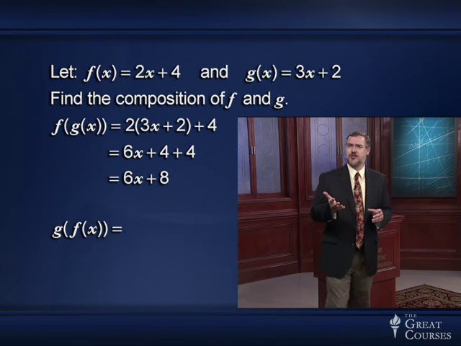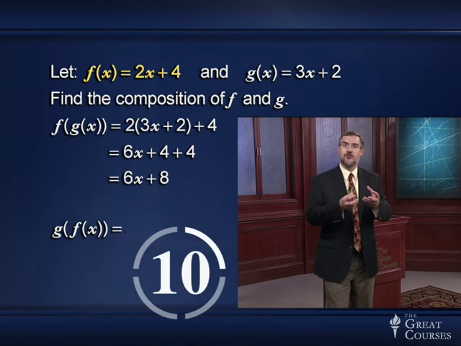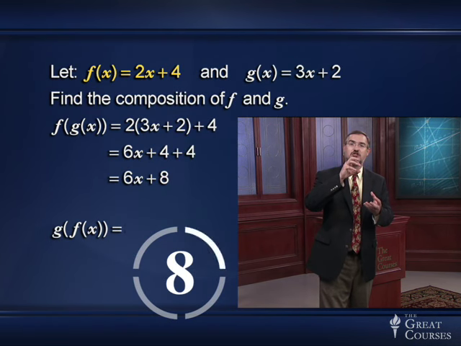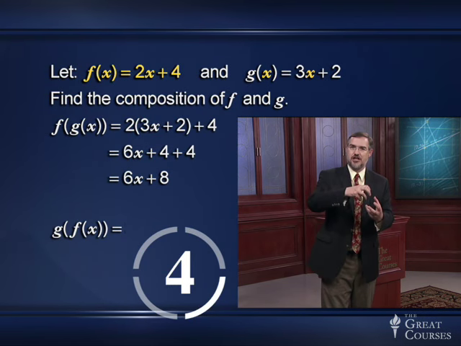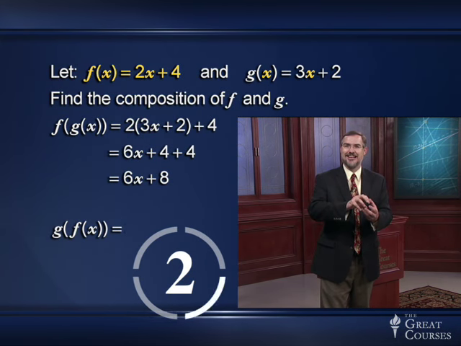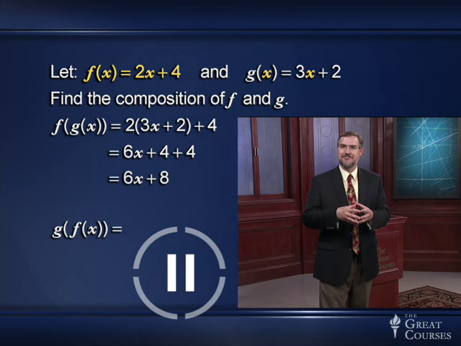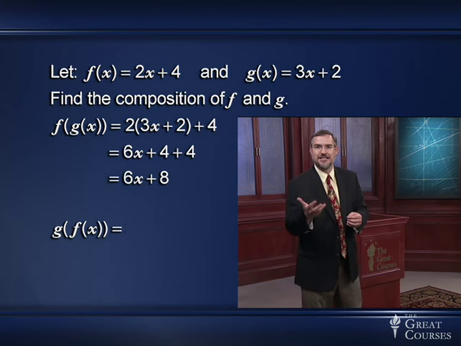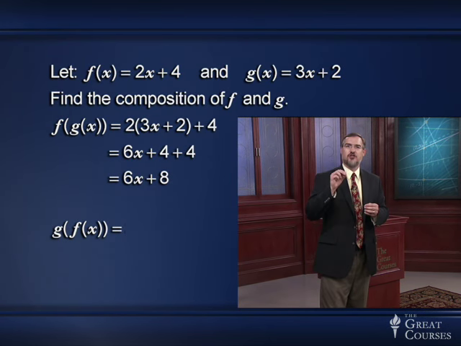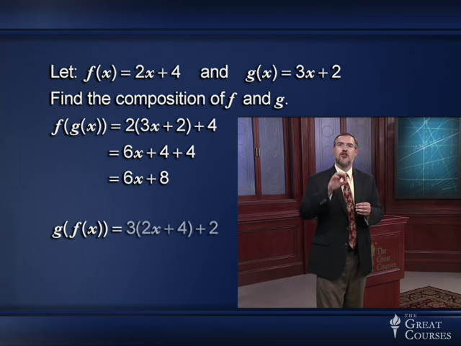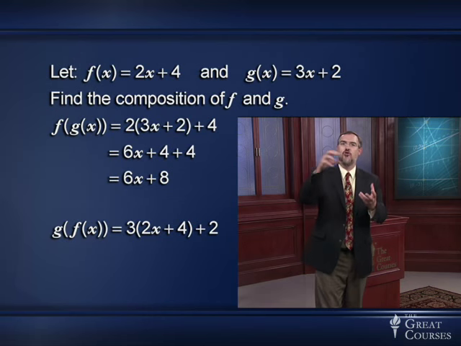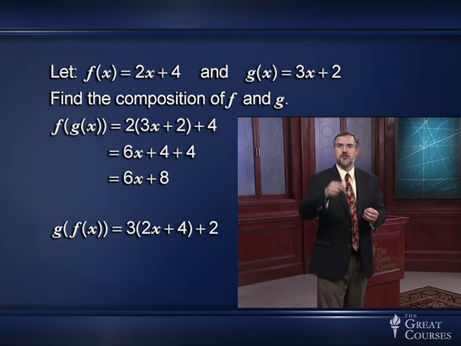Now, let me suggest you try that yourself. Remember, you're just plugging in all of the function f into the x part of the function g. You're actually plugging them right in. So, let's try that. All right, let's do it together now. If we want g of f of x, it's going to be 3 times (2x plus 4) plus 2.